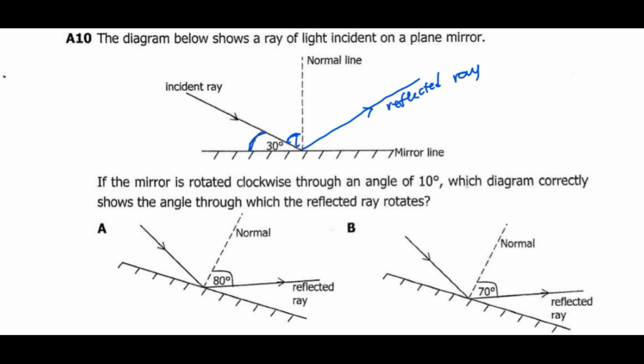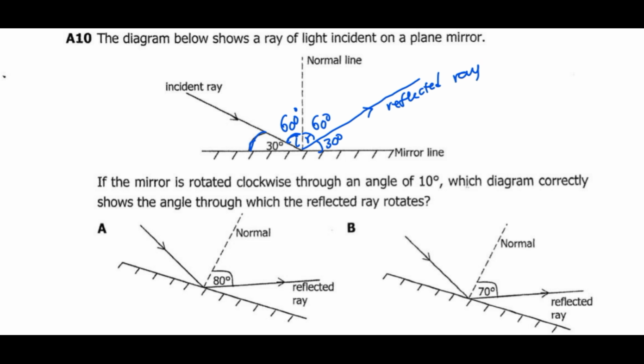We subtract 30 from 90, so we get 60 as our angle. Then if this is 60, also here we are going to get 60, because we know that the angle of incidence is equal to the angle of reflection. Then here we are going to get 30.